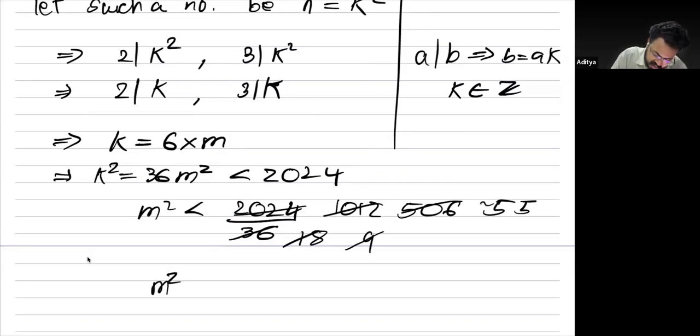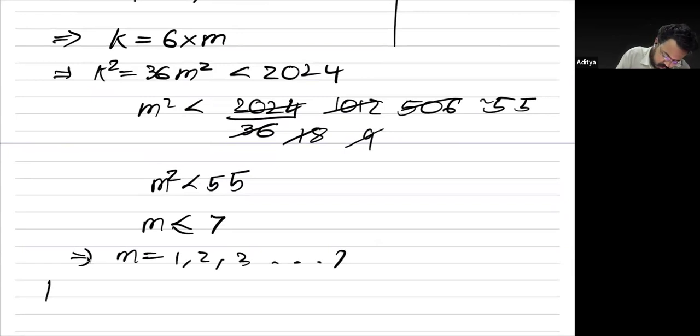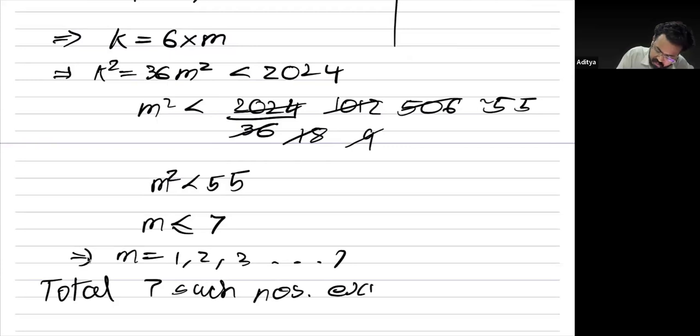So m square less than 55, so m less than 7, because root of 55 is greater than 49's root and less than or equal to 7. So m has values 1, 2, 3 all the way up to 7. So total 7 such numbers exist.